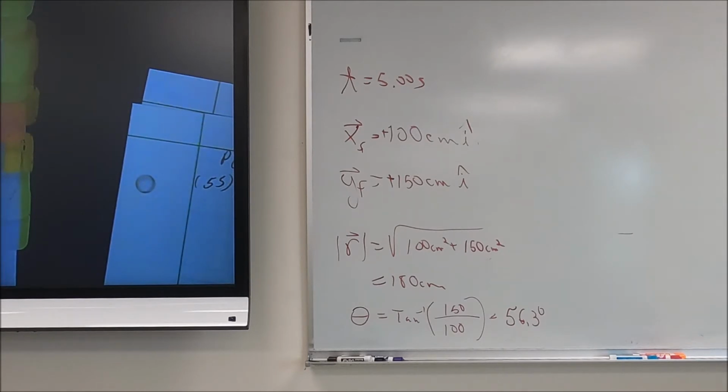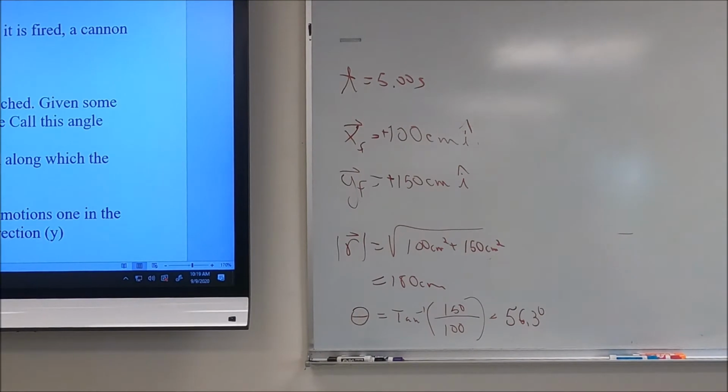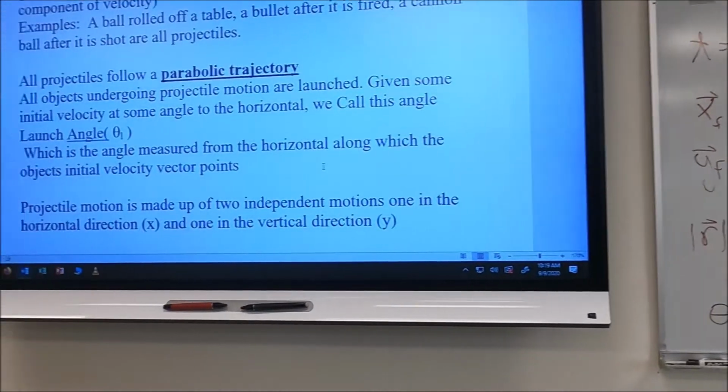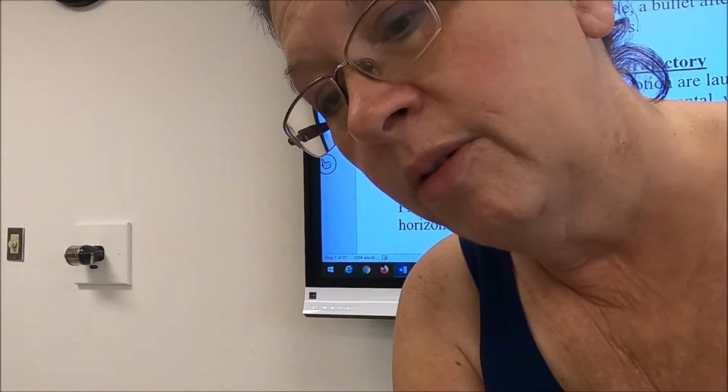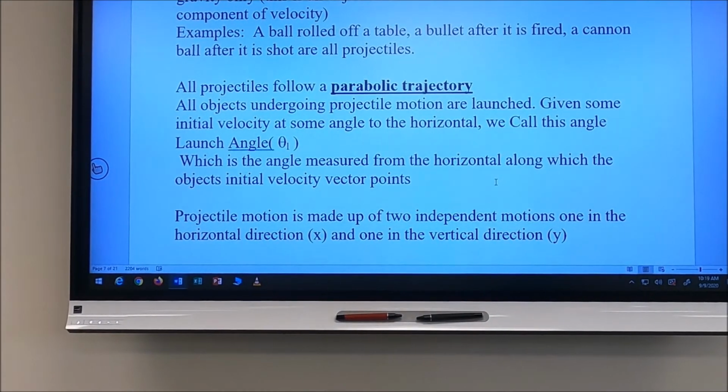Now let's talk projectile motion. Projectile motion is the most common type of two-dimensional motion we're going to deal with. It's motion in two dimensions under the influence of gravity and gravity only.